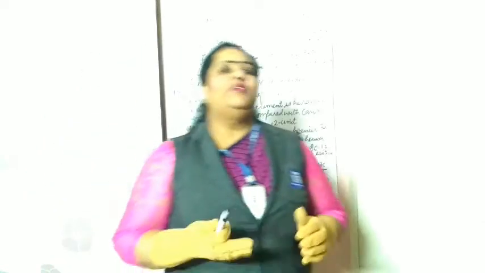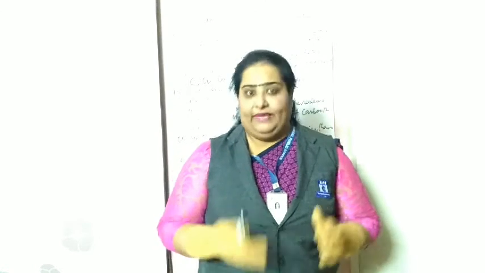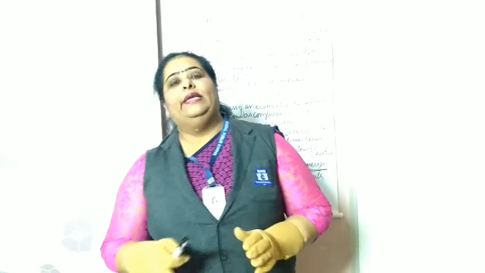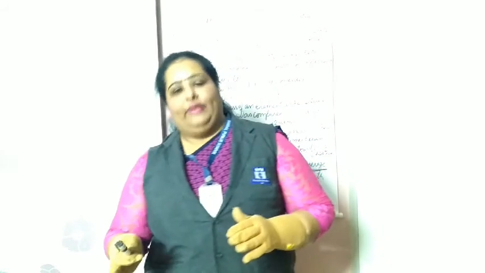Now students, in my next lecture we are going to discuss a few very important elements and their mass numbers. For example, normal hydrogen has mass 1. Similarly, helium has mass 4, lithium has mass 7, beryllium has 9, boron has 10, and carbon has 12.